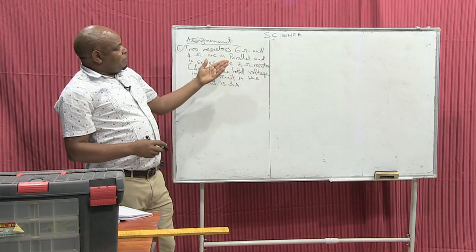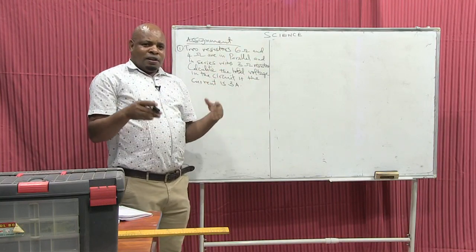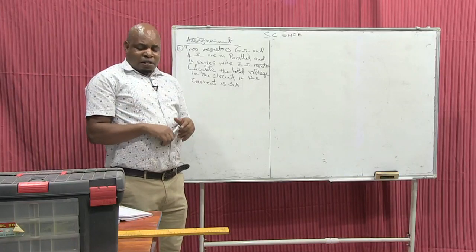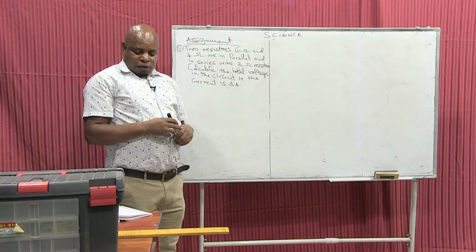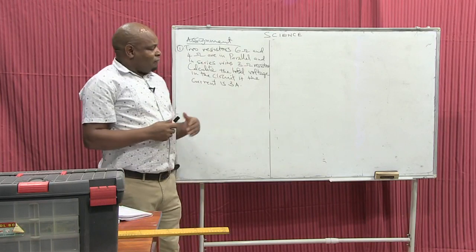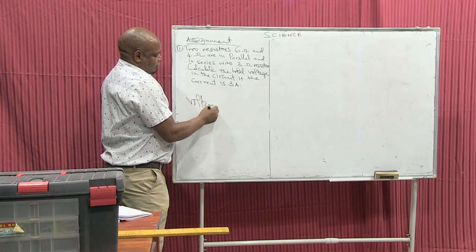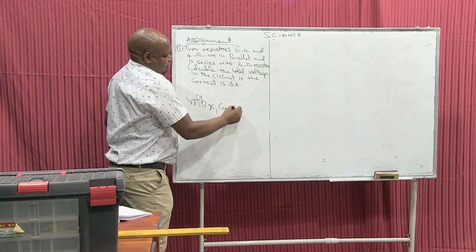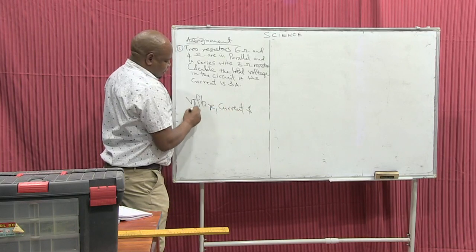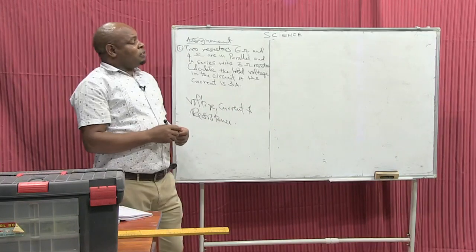Most of the time we have been discussing current, then we brought in resistance and voltage. Now, what's the relationship between these three things: voltage, current, and resistance? They have something in common.